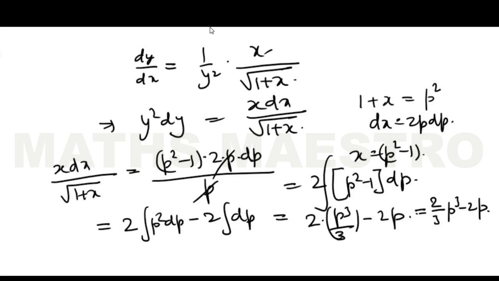Now we substitute the value of p, which is the square root of 1 plus x, to the right hand side. We will get 2 by 3 times 1 plus x to the power 3 by 2 minus 2 times 1 plus x to the power 1 by 2.